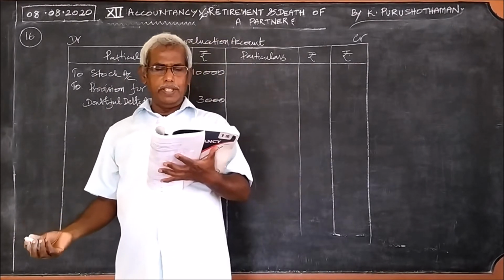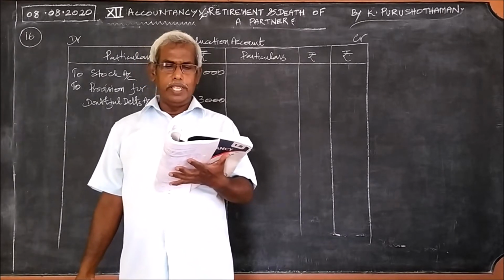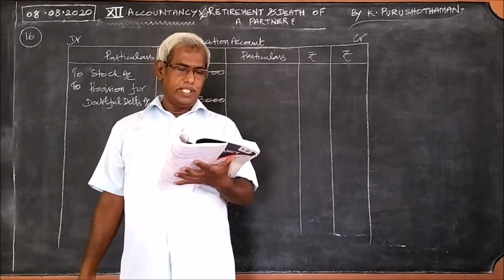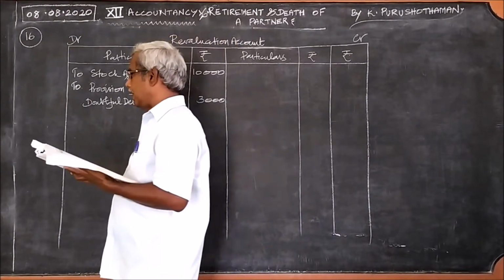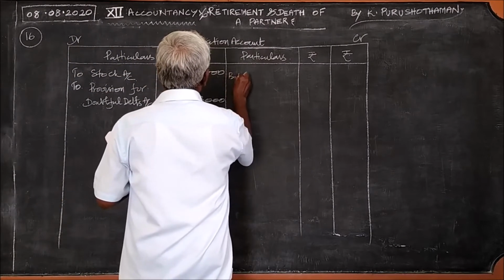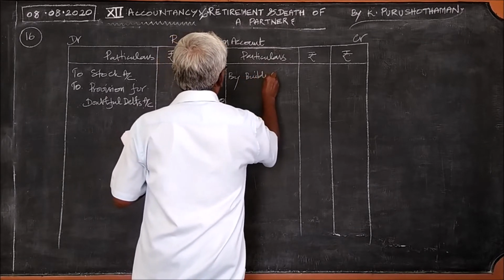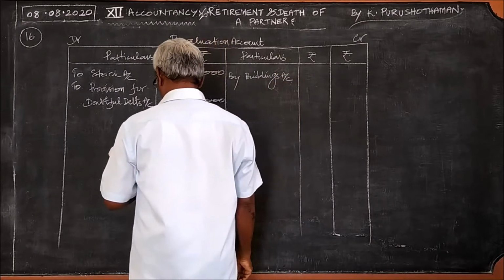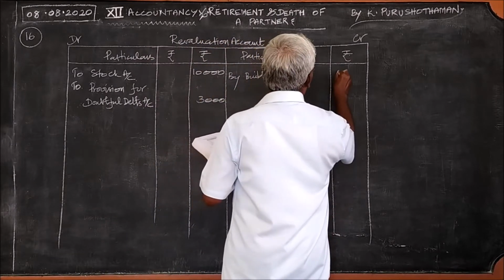The other way is simply giving the increase. Buildings to be appreciated by 28,000. It is appreciation. Therefore, it is profit item by buildings account. The amount is 28,000.